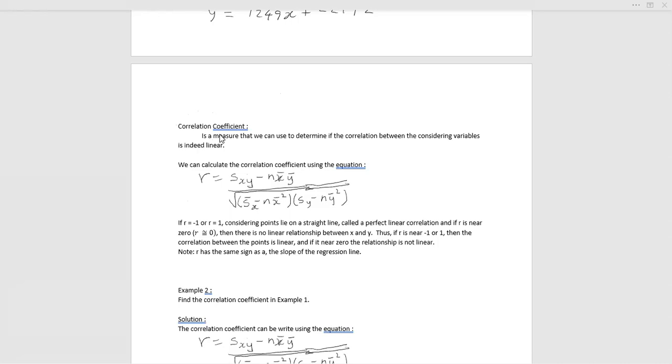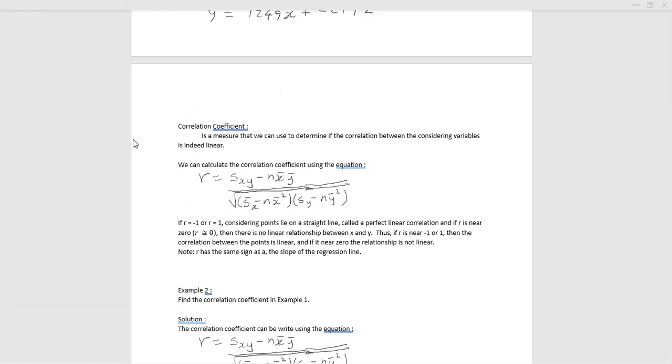That's the perfect linear correlation. If R is close to -1 or 1, then we can say the given set of data points follows a linear trend. But if R is close to 0, if it is equal to 0, no argument, the data is not following any linear relationship. So if R is close to 0, we can say the given data set does not follow a linear regression.